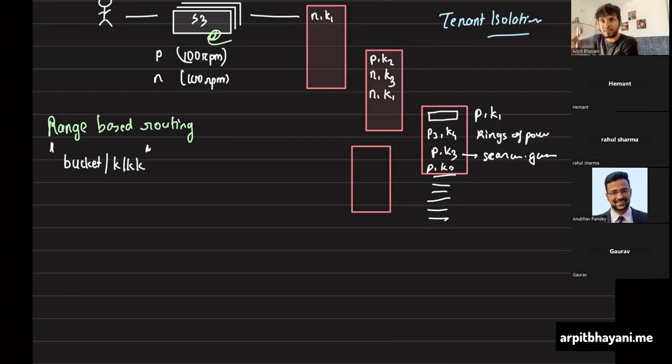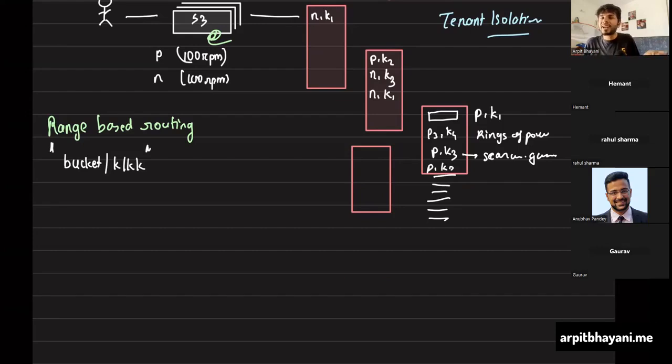Maybe not physically one after another because of the block-structured file system, but they would be part of a similar group of hardware. And that's how, with range-based routing or range-based partitioning, you get very good tenant isolation.